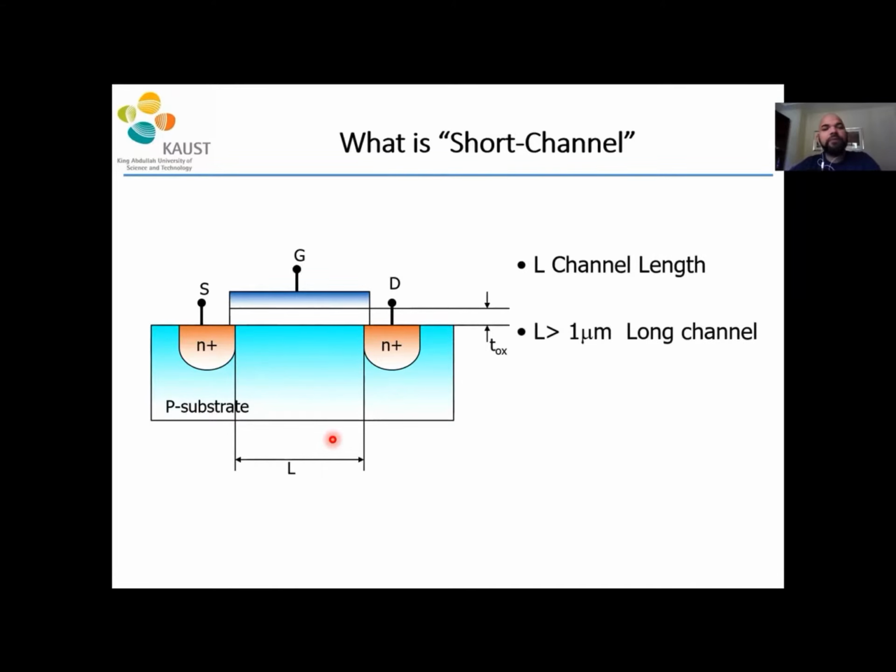If the channel length is greater than 1 micrometer, it is considered a long channel MOSFET. If this distance is less than 1 micrometer, then we talk about it as a short channel.